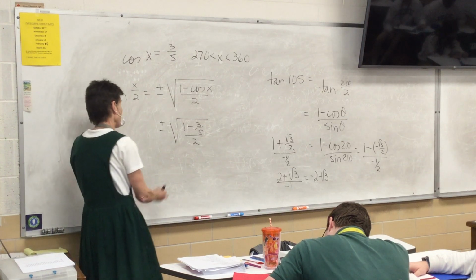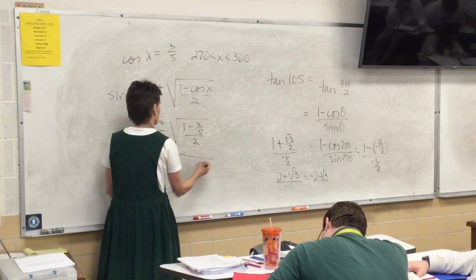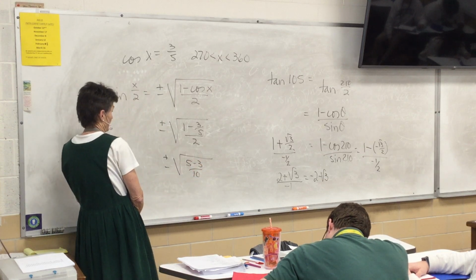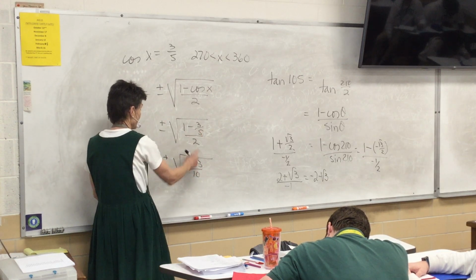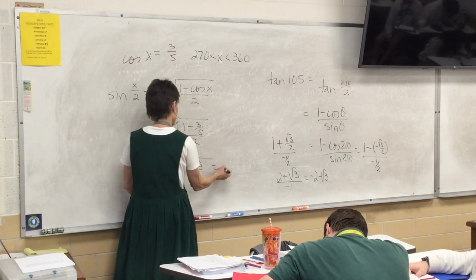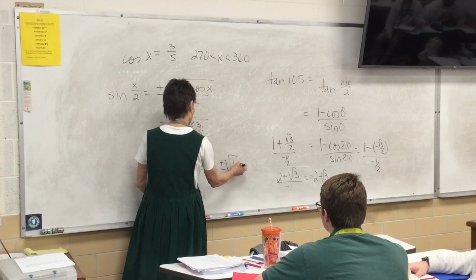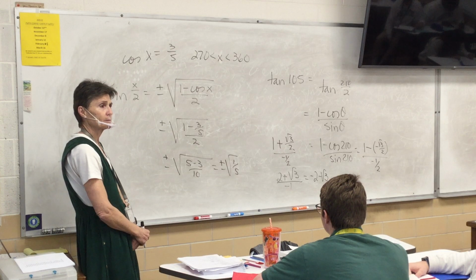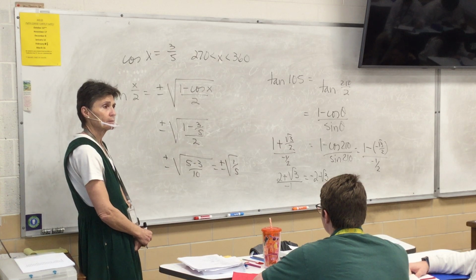This time I'll have to multiply by 5, so 5 times everything. So what is that? The square root of 1/5, 2/10. Am I going too fast?